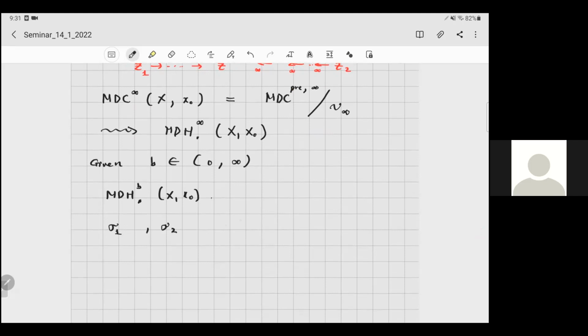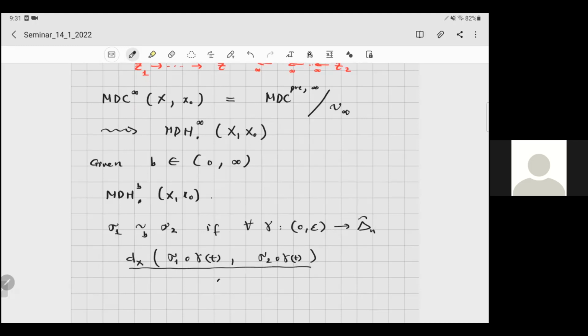I define sigma 1 equivalent b to sigma 2 if for every curve gamma to delta n hat, the distance between sigma 1 and sigma 2 divided by t to the power b goes to 0.